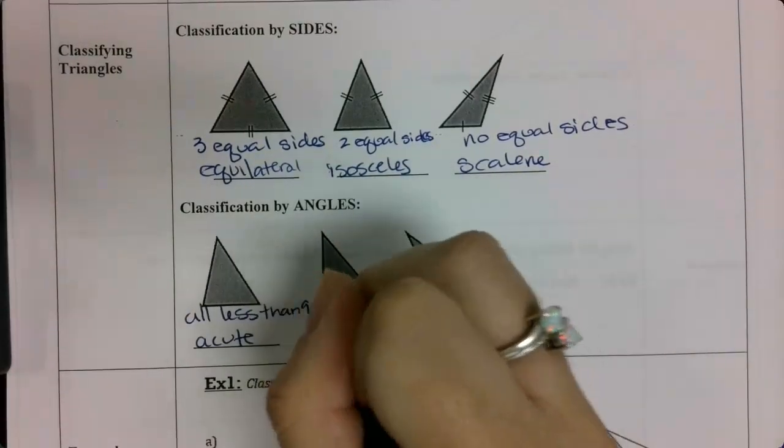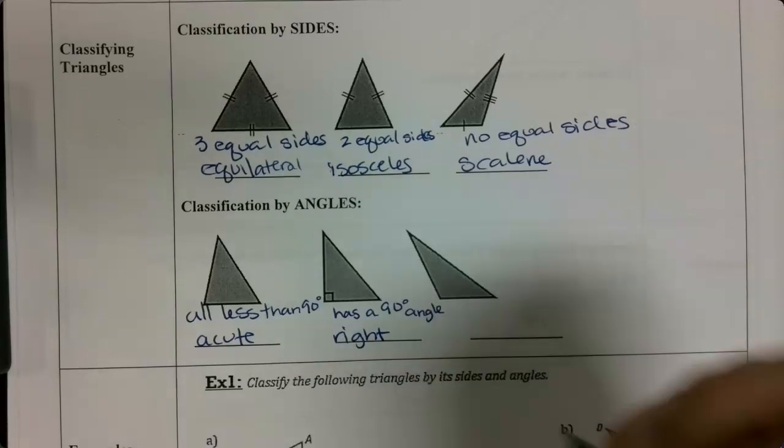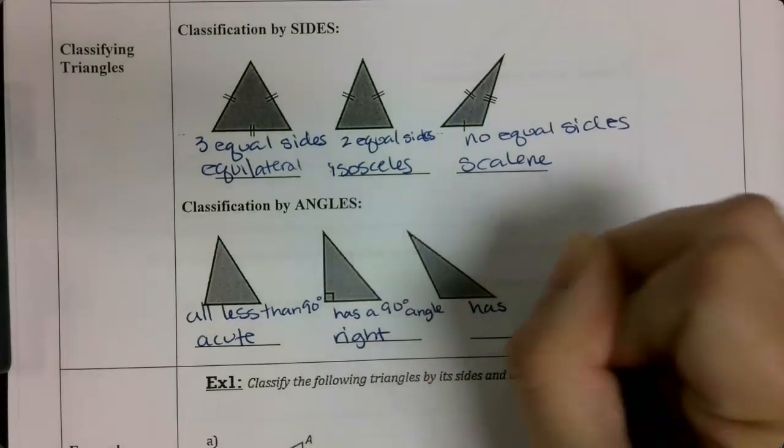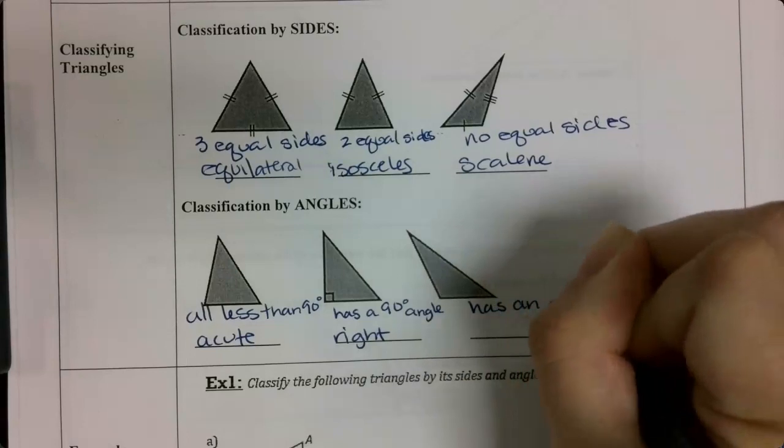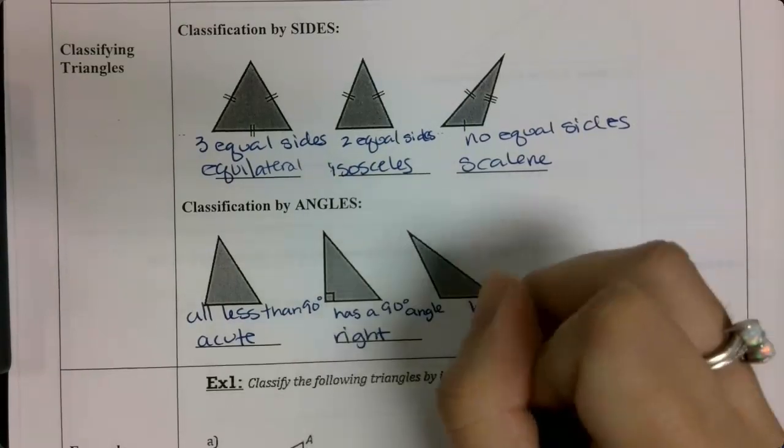This one is called right. And then my last one has an obtuse angle. So this one is called obtuse.